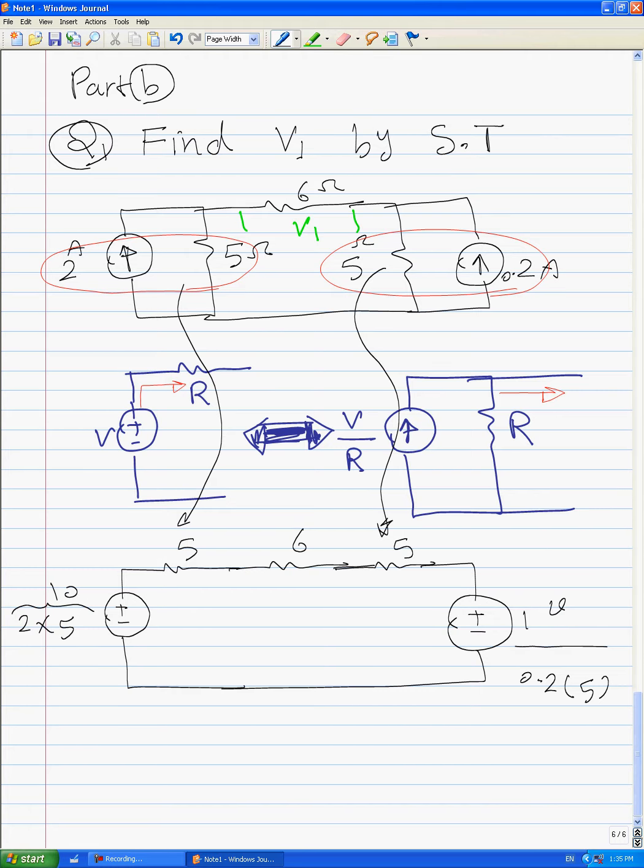Now we want to apply KVL in this loop. In order to apply KVL in this loop, we have positive, negative, and positive, negative here. And we want to start with defining, for example, I here.